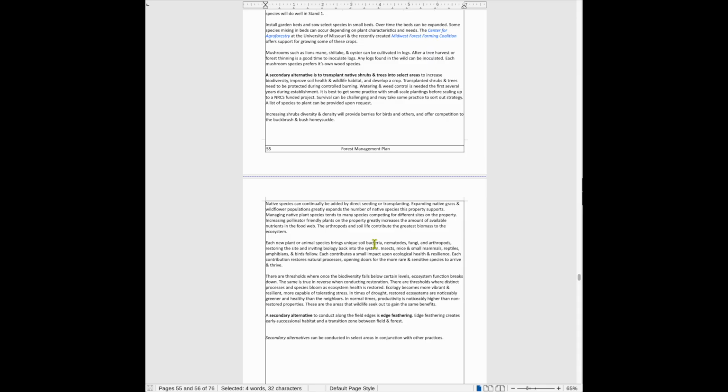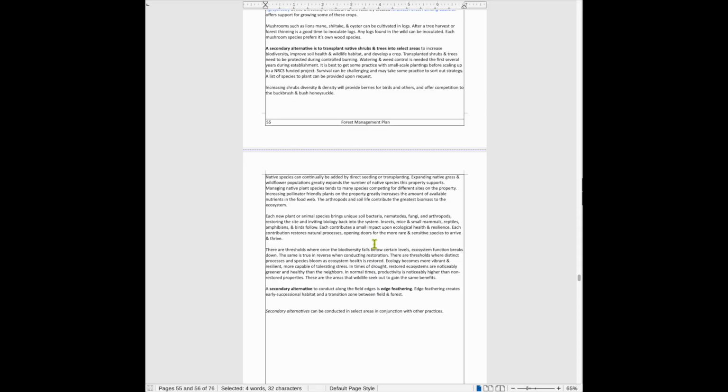How am I going to water them? How am I going to keep the weeds off of them? And get a system figured out that works for you, and then scale that up and apply for the NRCS funding and do it on a bigger scale. There's a lot of other practices. Well, not that many.